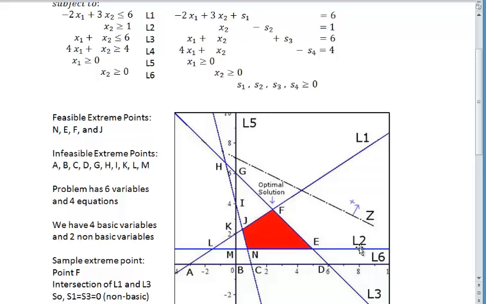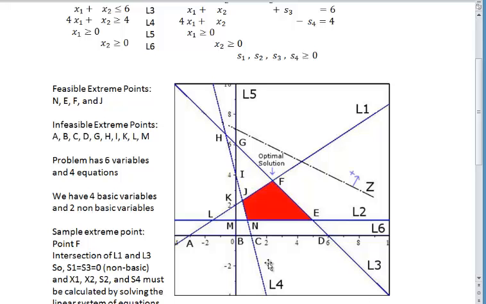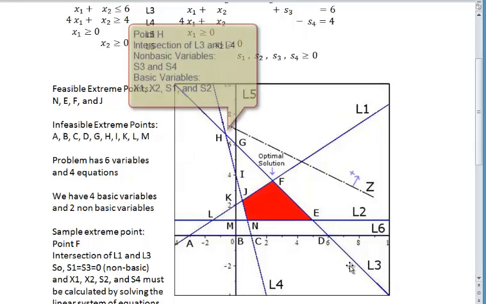For example, if we did that for, let's say, point H. H is the intersection of these two lines. H is the intersection of L4 and L3. So S4 and S3 are non-basic and the rest of them are basic.